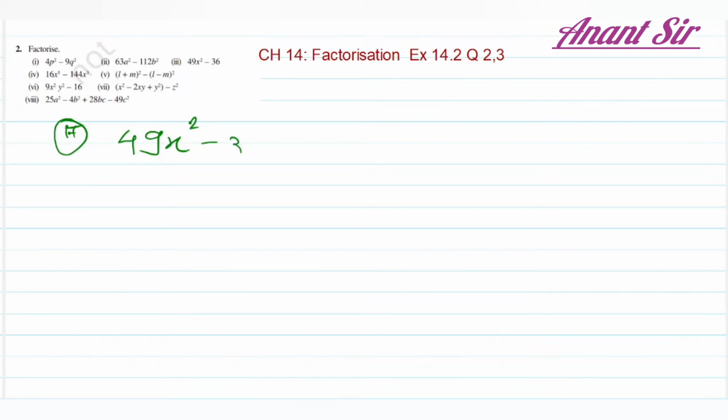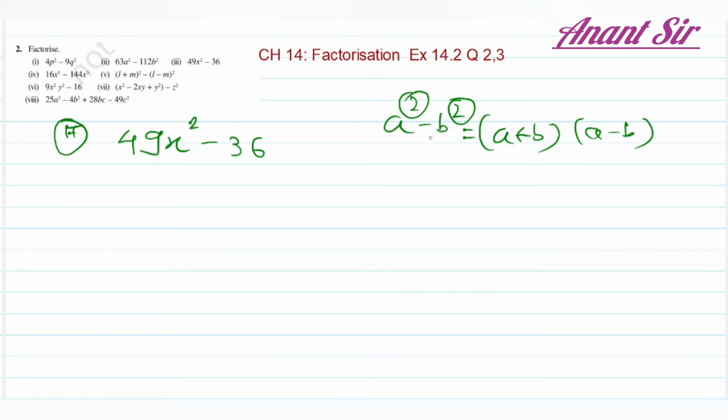So 49x square minus 36. Again we have to first identify whether we can use this formula a square minus b square. We can use this formula only when there are two squares and there is a negative sign in between them. So we have to check whether this is a square of any number. Yes, it is the square of 7x, and similarly this is the square of 6.